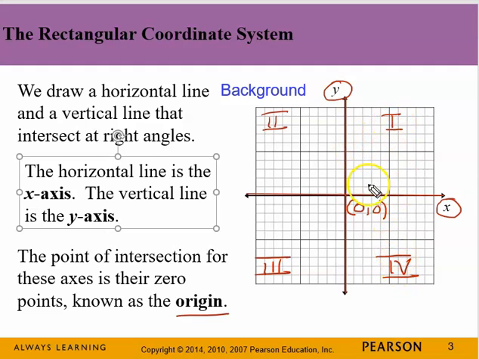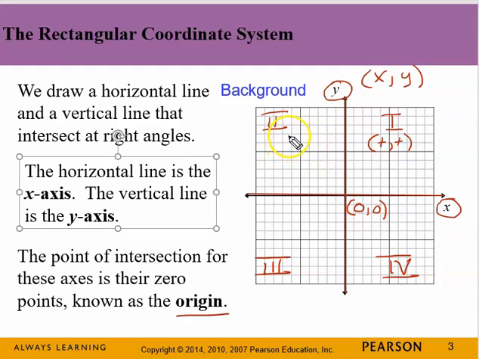Now the ordered pair are x and y values in that particular order. So the x value here is 0, and the y value here is 0. An interesting thing, anything that's plotted in this area, they're both positive.